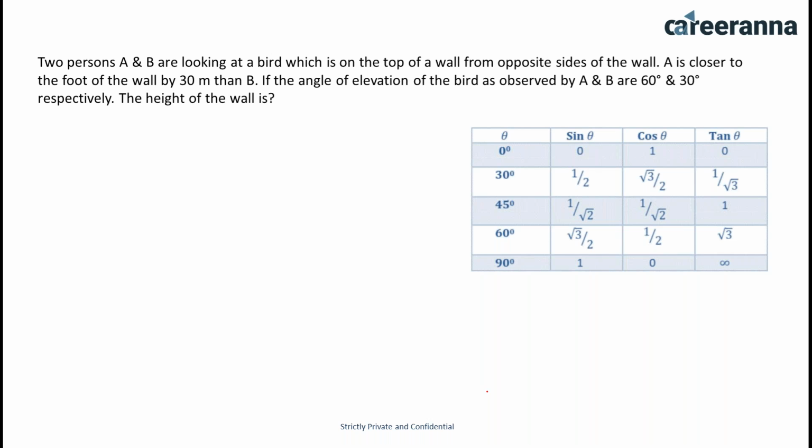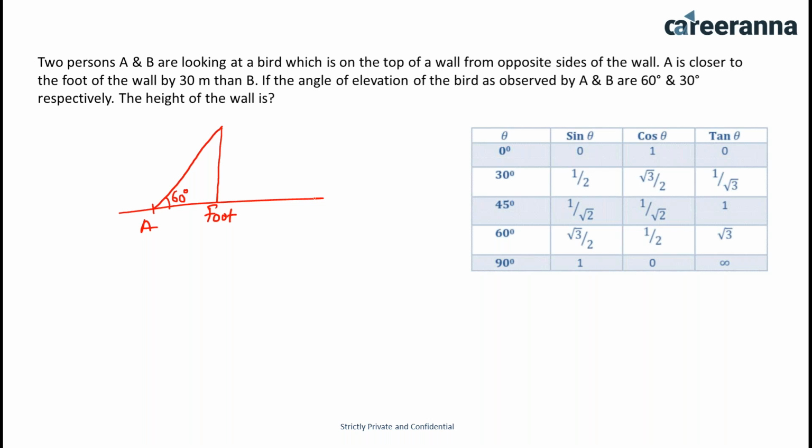Is there any student who is facing any problem while solving this question? See, the question is very simple. The question is just saying there are two persons, A and B, and there's a wall on which the bird is sitting. The question is saying that A is closer to the foot. This is the foot of the wall. So this is A, and the angle from A is a 60-degree angle.